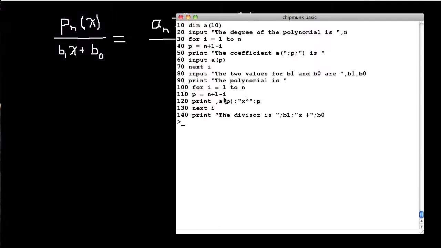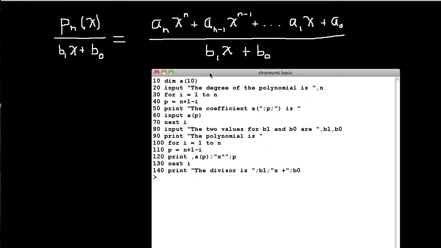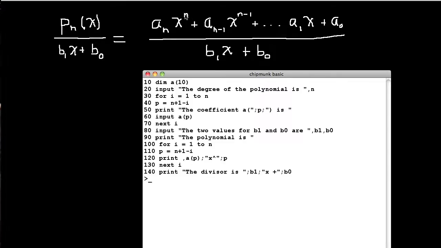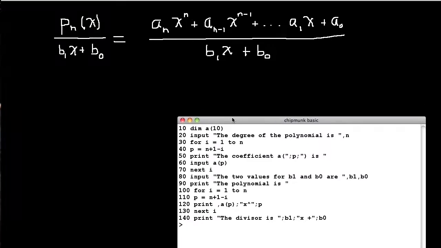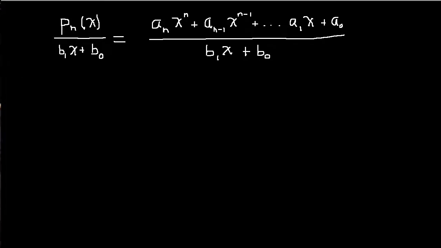The problem was that I forgot that a third degree polynomial actually has 4 coefficients. If n is 3, our polynomial looks something like this: a sub 3 x cubed plus a sub 2 x squared, and then a sub 1 x, and then the fourth coefficient is a sub 0.